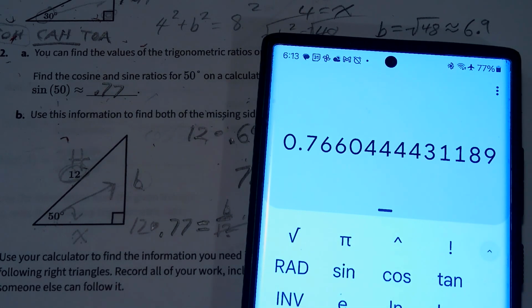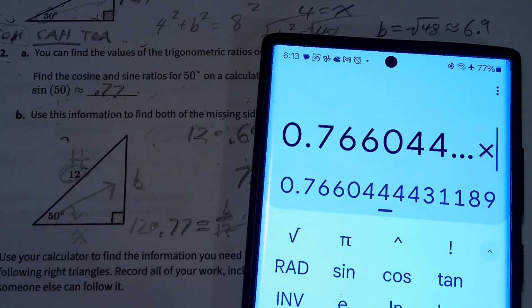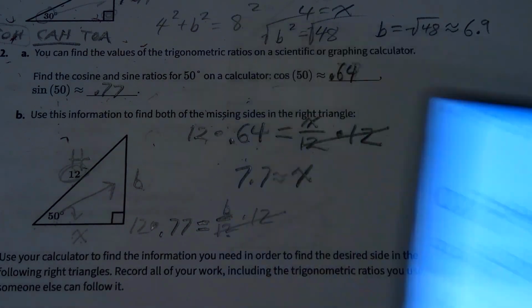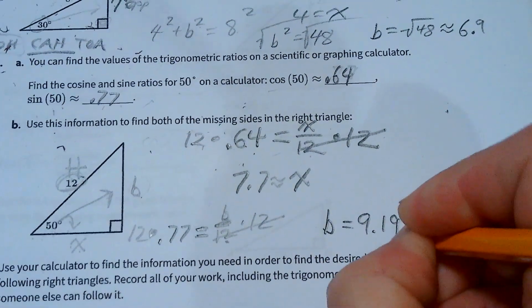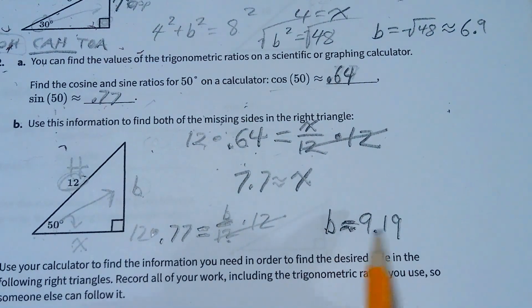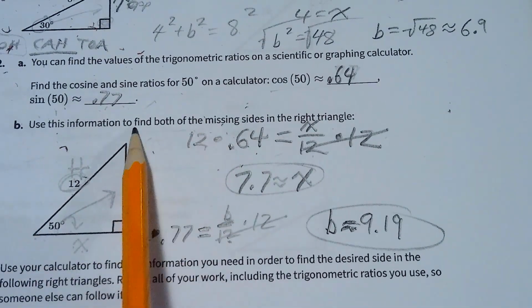There is the exact, see, I rounded it to 0.77, but there's the real value, and then multiply by 12 and get a more exact 9.19. Approximately. Oh man, approximately.